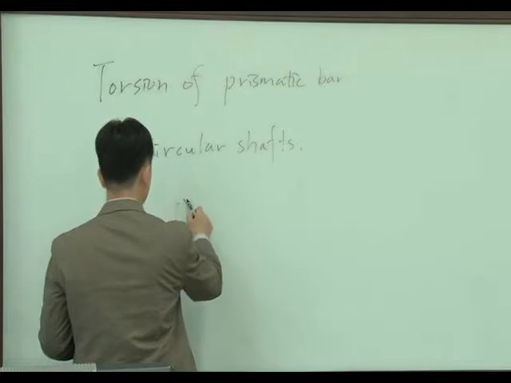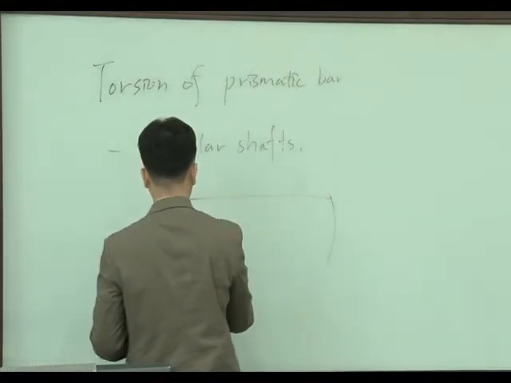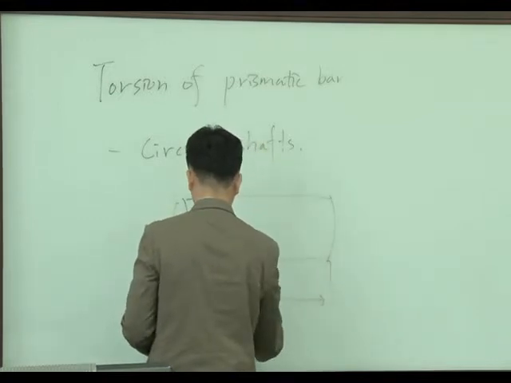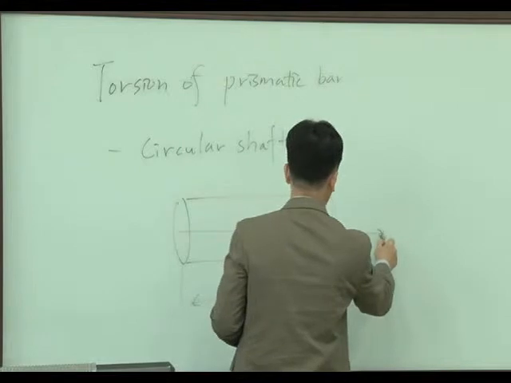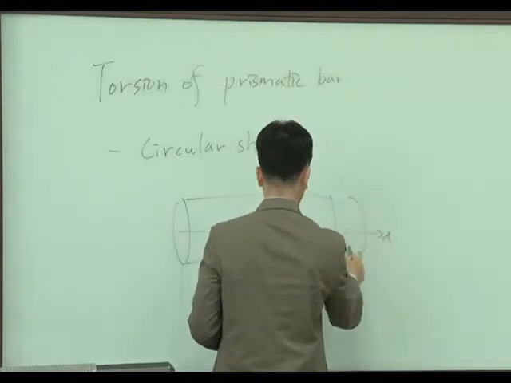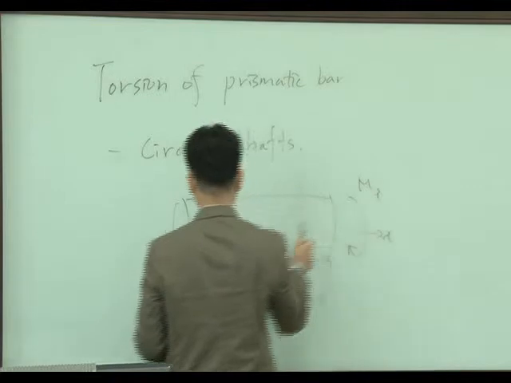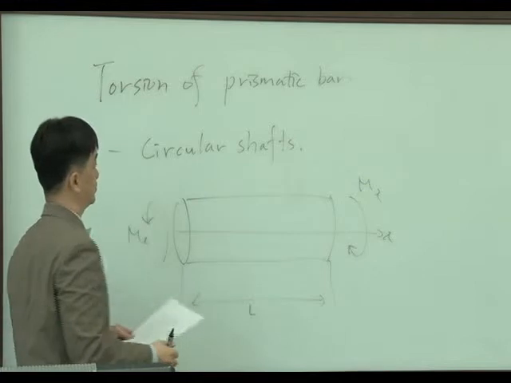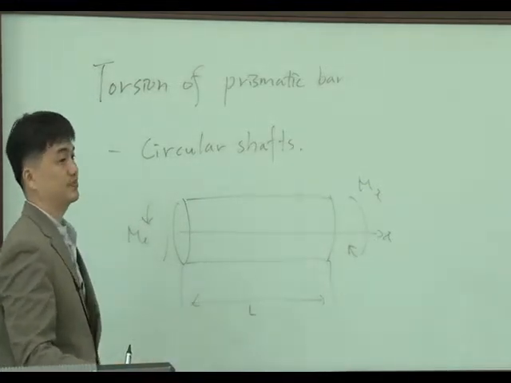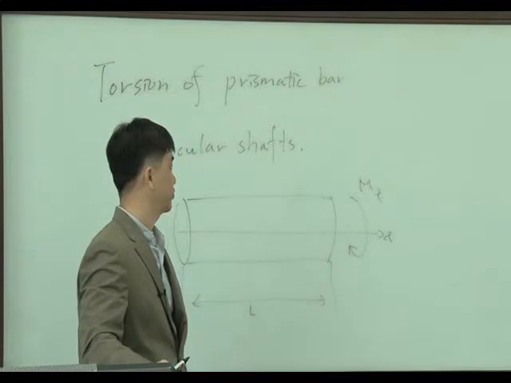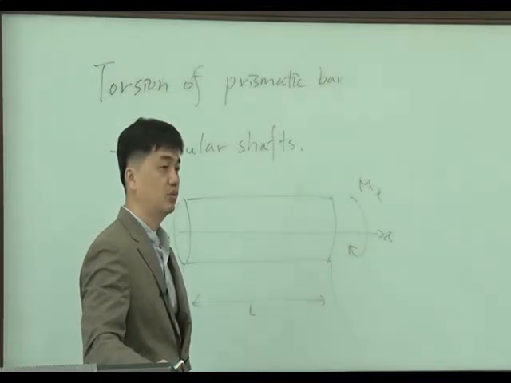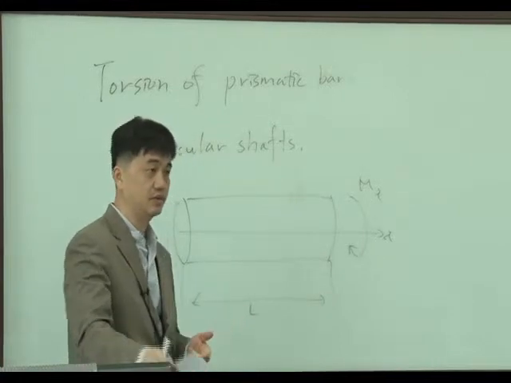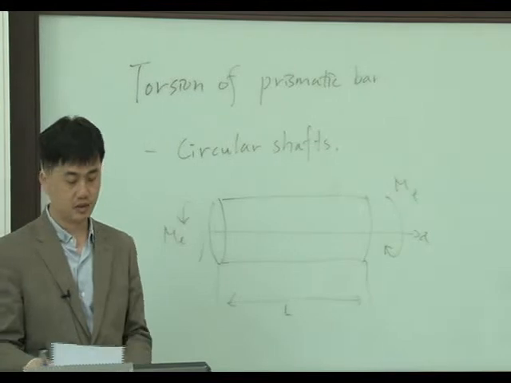We have a shaft of length L, and x-axis. And a torsional moment, Mx, is applied at both ends. This torsional moment is different from bending moment, right? You know the difference between bending moment and torsional moment.